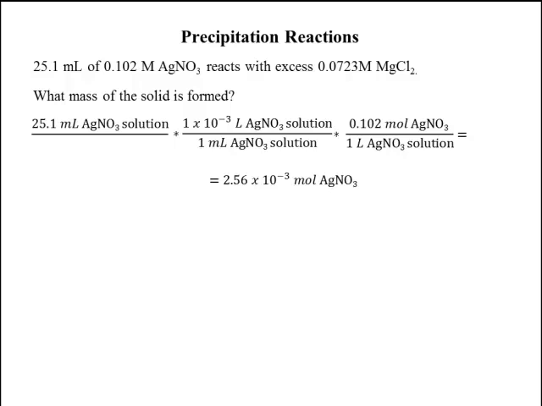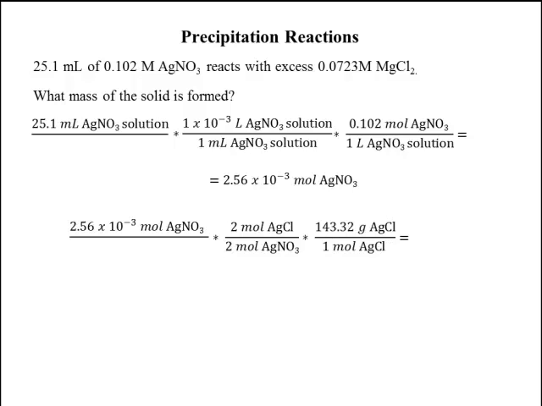Well, since I know the moles of silver nitrate now, using the balanced equation I can convert to moles of silver chloride. Remember, that's the solid. And then I can use molar mass to convert from those moles of the solid to grams of the solid. And I end up with 3.67 times 10 to the negative 1 grams of silver chloride solid.